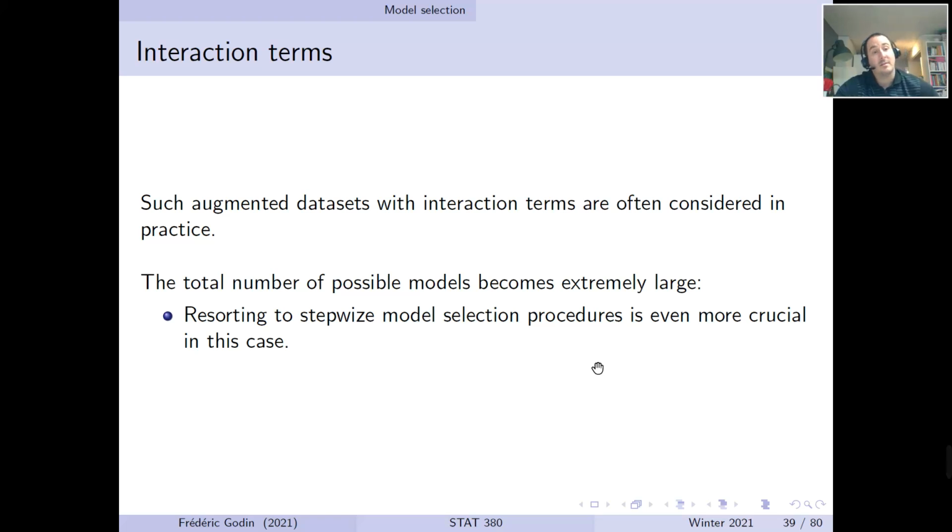So if you tried every possible combination of predictors, including interactions, you would get a total of 2 to the power 10,000 models. You cannot compute the performance for them all. So when you include interaction terms, it becomes even more critical to use these stepwise procedures instead of considering every possible combination of parameters. You need to select suitable combinations that could make sense, and the stepwise procedure can help you do that in a way that is feasible in terms of computation time.